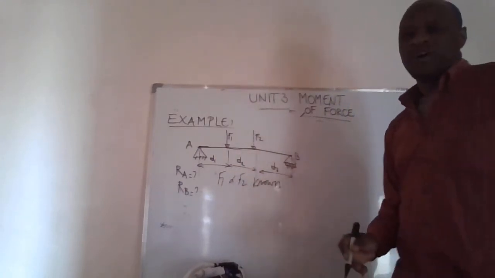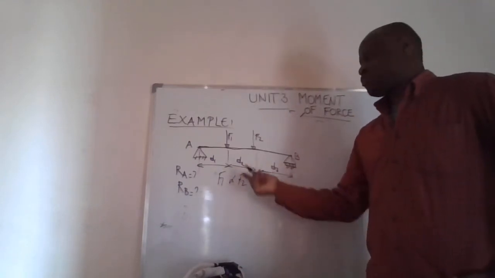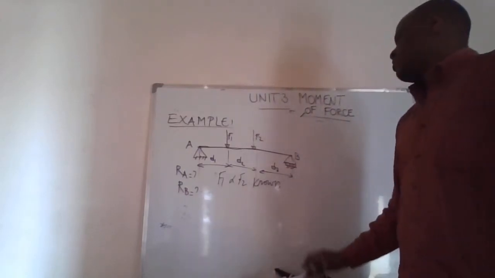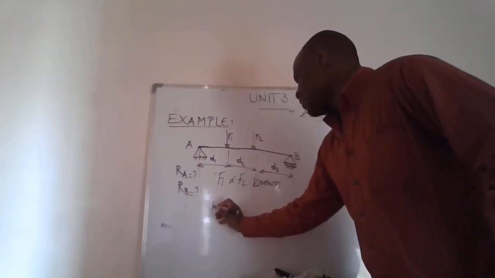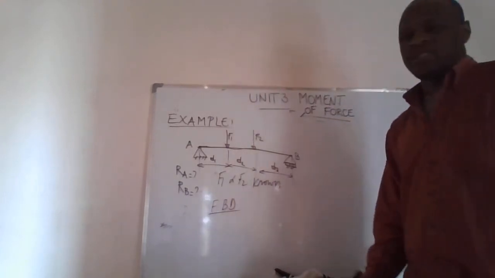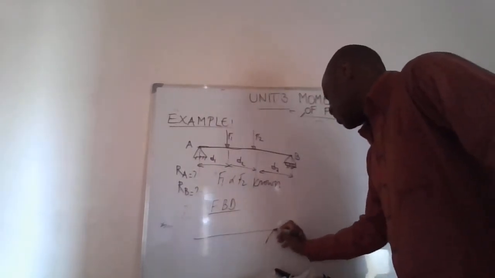We're not going to use the values. We're just trying to define the principles of solving this kind of questions. Now, how do we proceed? First of all, we need to redo the free body diagram of our system. And the free body diagram of our system will be something like this.